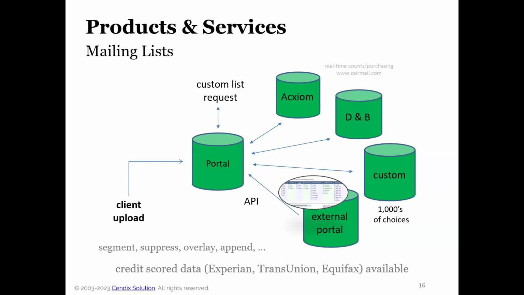So Experian, TransUnion, Equifax, the big three credit reporting data. In that case, we can pull FICO scores and debt to equity ratios and bankruptcy filings and lots of different information that might help us target. But we can talk more about that if you have special needs or special requirements. Please just let us know. We'll help you find the right list for sure.